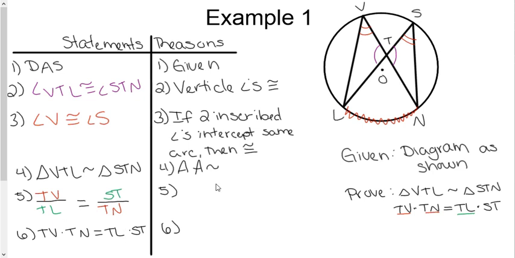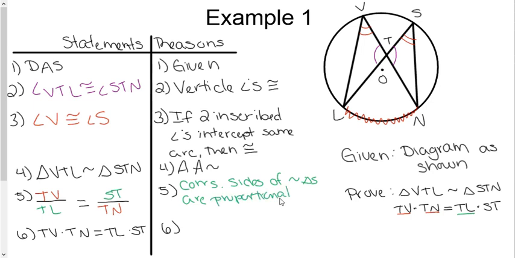Now, the reason for step 5 was a really long one, similar to CPCTC, but we said corresponding sides of similar triangles are proportional.